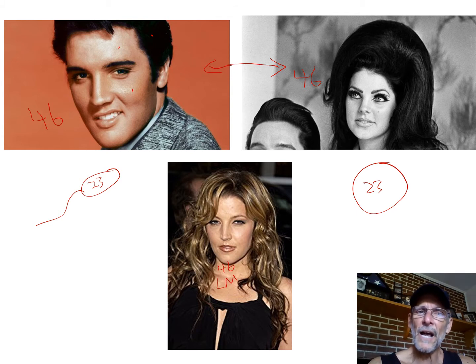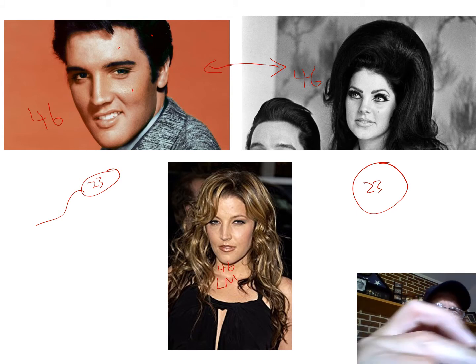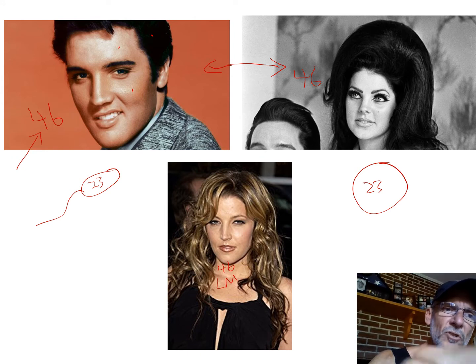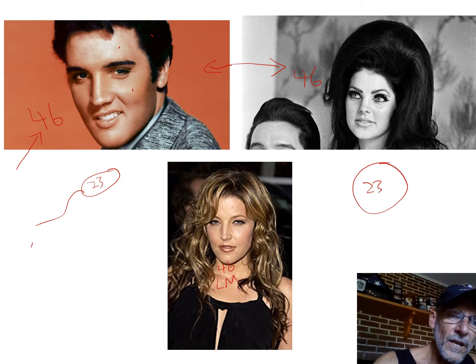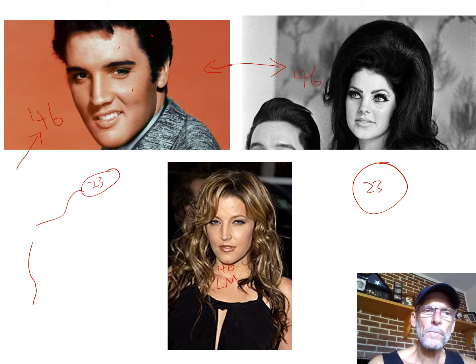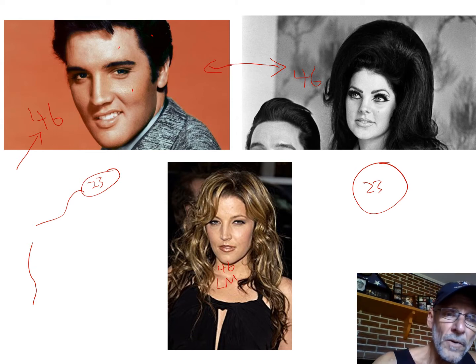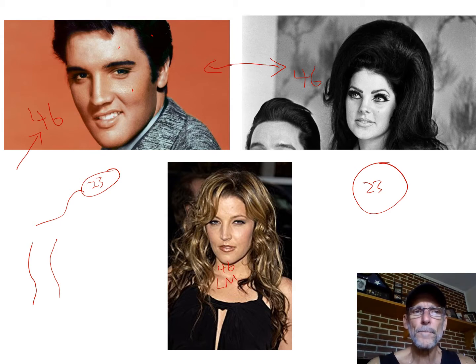All right, now this logic. If you reached your hand into one of Elvis's cells, and you could do this, and you pulled out any one of his chromosomes, it would be a certain length. And left in that cell, which now has 45, would be one and only one other chromosome that was just the same length. Now they're not identical, but they're similar.